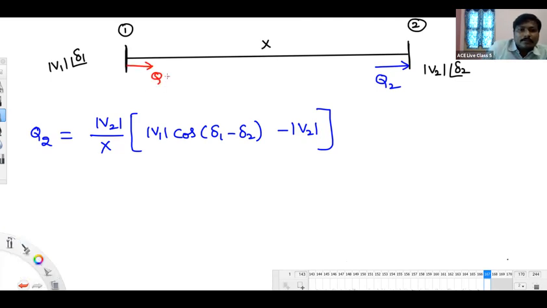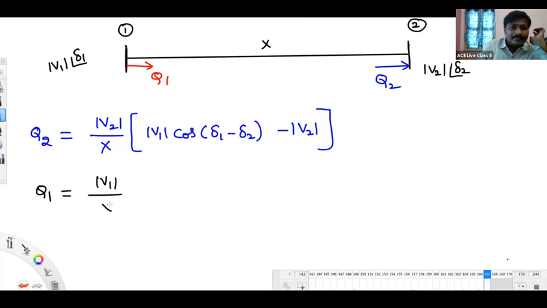This is Q1. Tell me, for Q1, which bus are you standing at? Bus 1. So what do I have to write first?